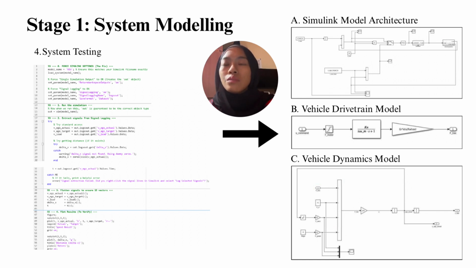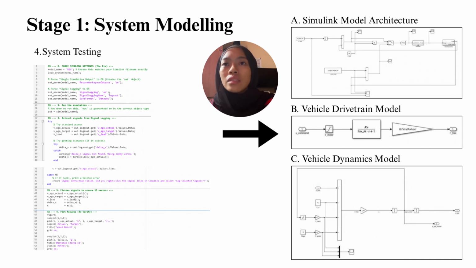And the second picture is our vehicle drivetrain model. This vehicle drivetrain subsystem models the electromechanical conversion of the controller signal into physical propulsive force. The input signal first passes through a saturation block, which enforces the motor's physical constraint by clipping the torque to its peak limits.